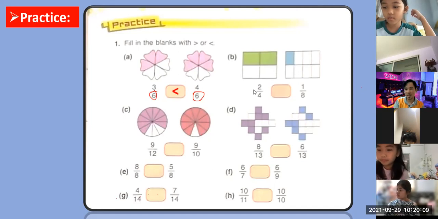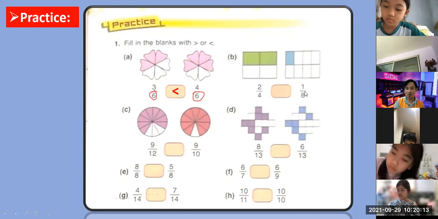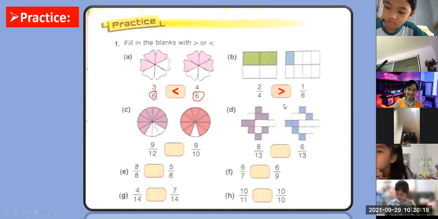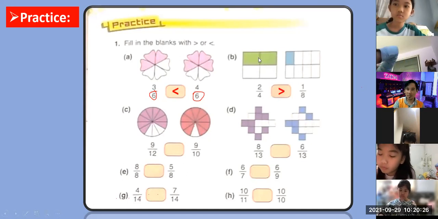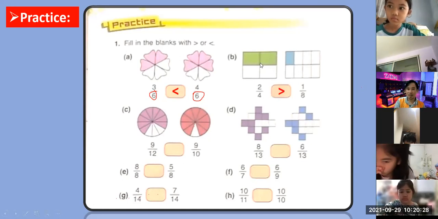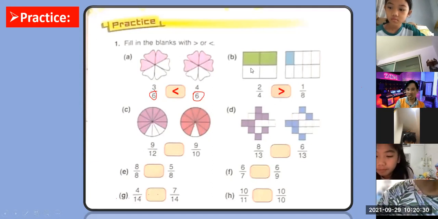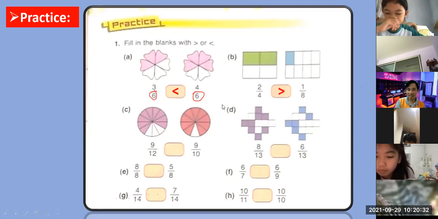How about letter B? 2/4 and 1/8, greater or smaller? The answer here is greater. You can see in the diagram that in 2/4, a big part of the diagram is shaded, right?